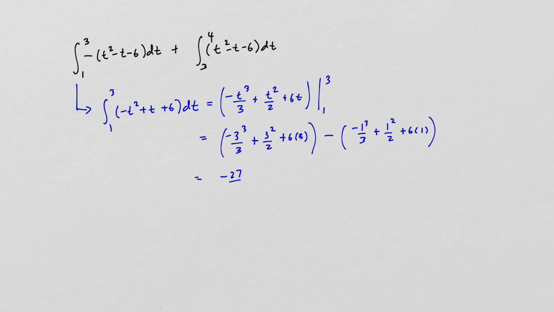Simplify. And when you combine all these numbers together, you should get 22 over 3.